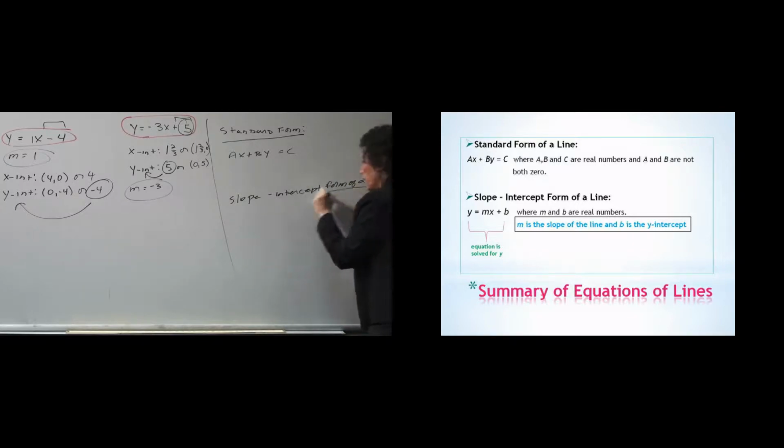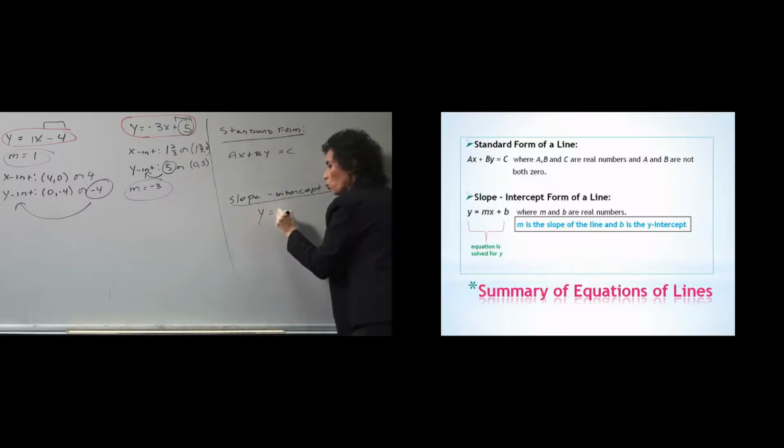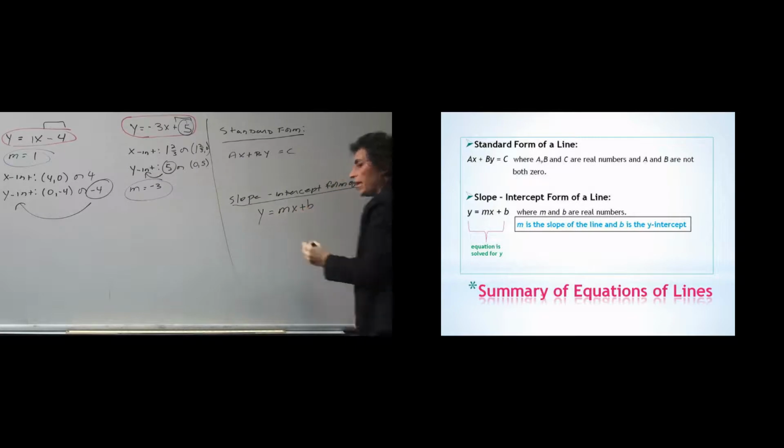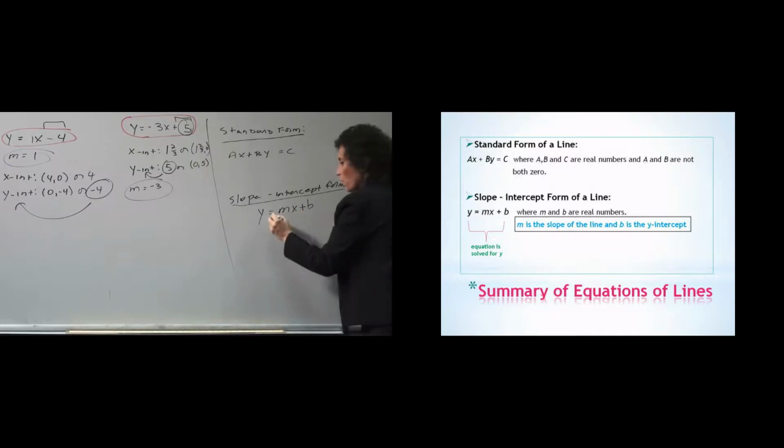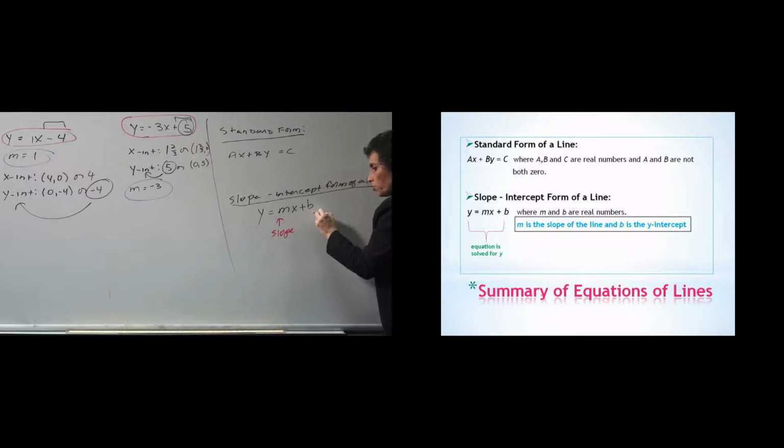Slope-intercept form of a line is y equals mx plus b, where if your equation is solved for y, m is the slope, and guess what b stands for? B stands for the y-intercept. So you get 2 pieces of information from this form of the line, y equals mx plus b. You get the slope, you get the y-intercept.